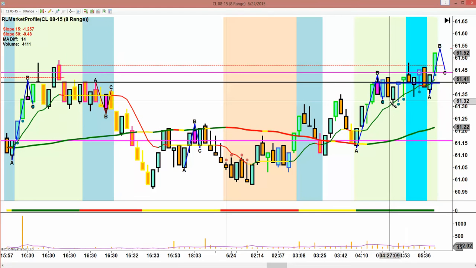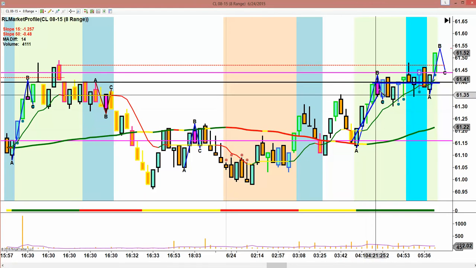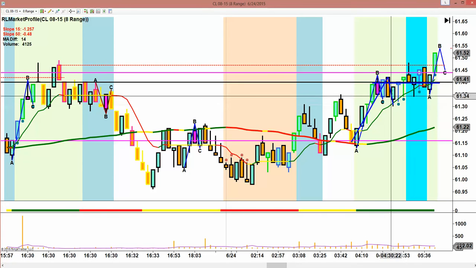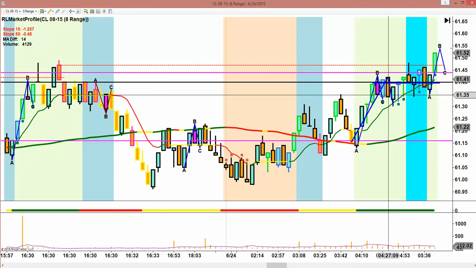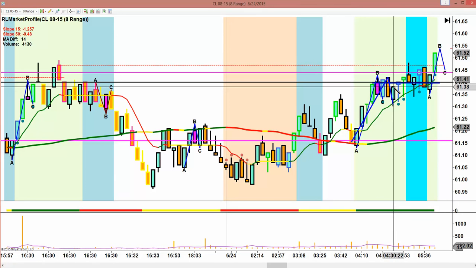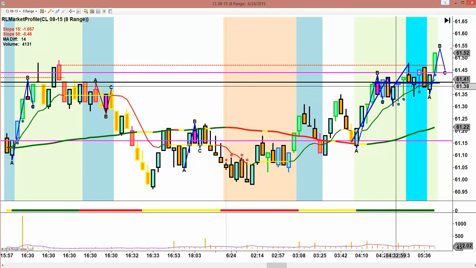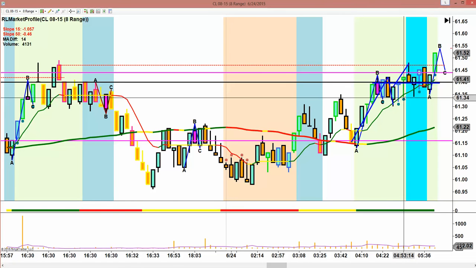But look how hard it is. Here's a great setup. A move to the upside, a retracement. You don't have order flow in the momentum. The candle's not outlined in blue or green. It does eventually work its way up for a first target. But look how difficult. Look at the size of those wicks. I mean, look how hard it is to get through this.